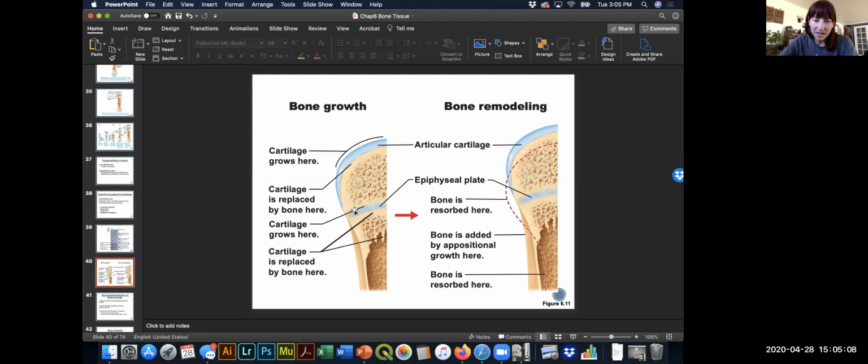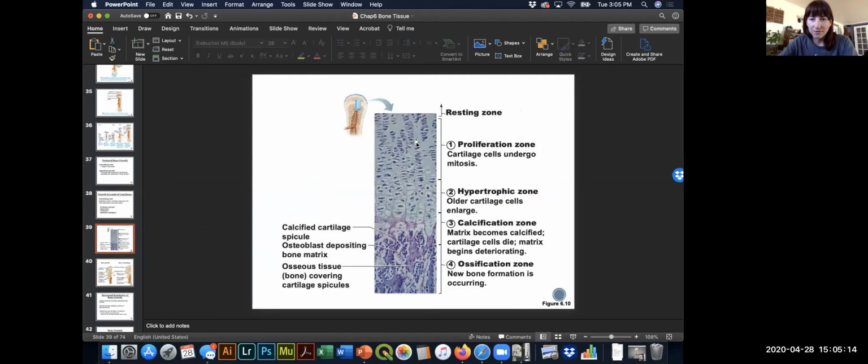If you zoom in on this little epiphyseal plate of cartilage, you're going to have cartilage cells in the middle, which are rapidly turning into calcified bone cells, into ossified bone through several steps. I just want you to be able to put them in order.